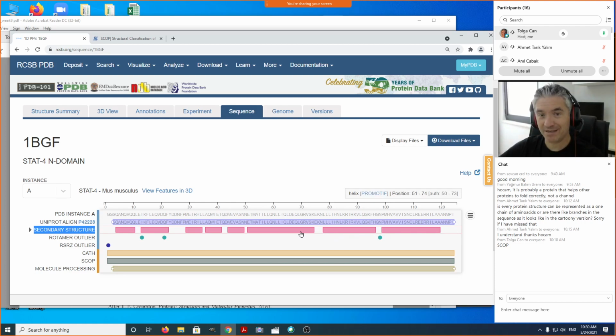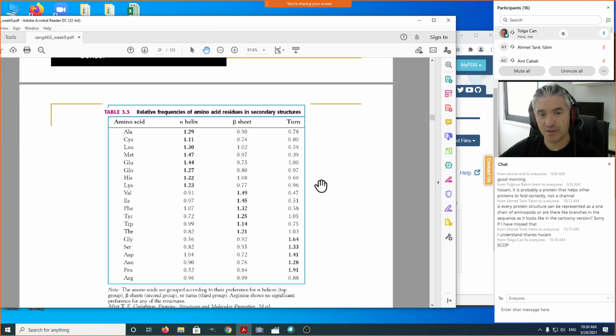This is called the secondary structure prediction problem, and it's very accurate for proteins which contain mostly helices.